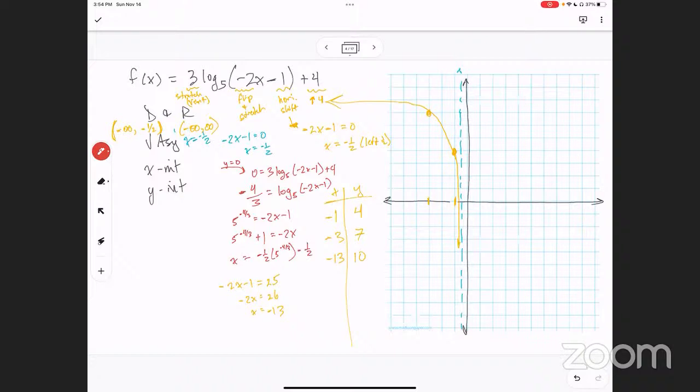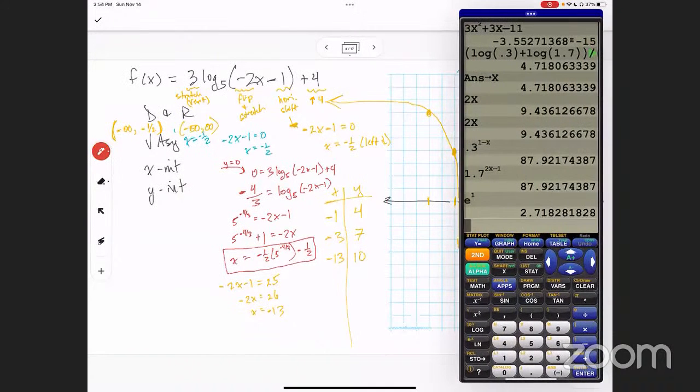And again, if you want the exact answer, you can just plug that into your calculator, but you might have to round it. So plug that into your calculator very carefully. Negative 0.5 times 5 to the negative 4/3.